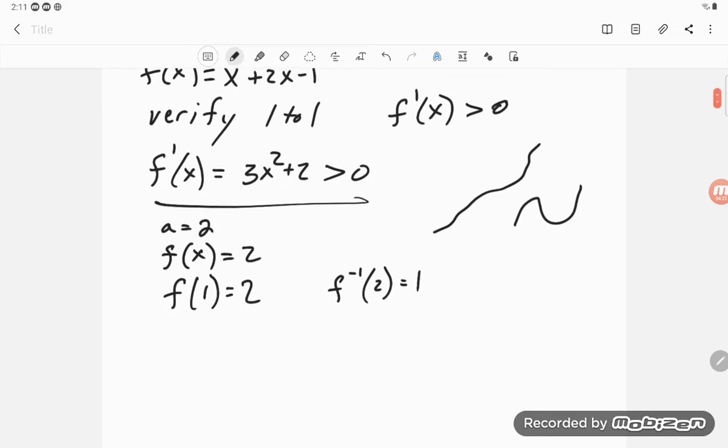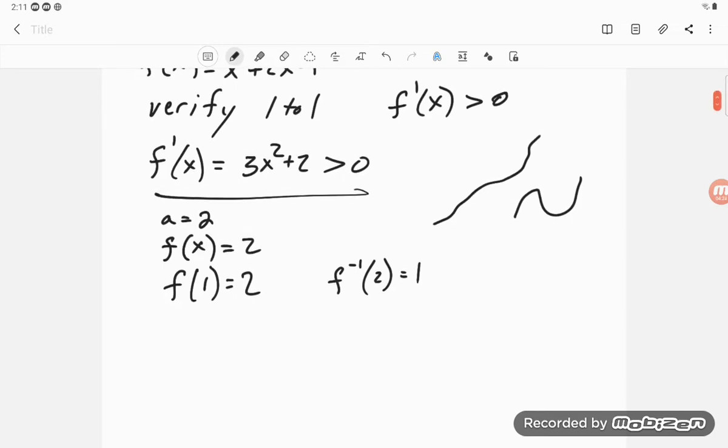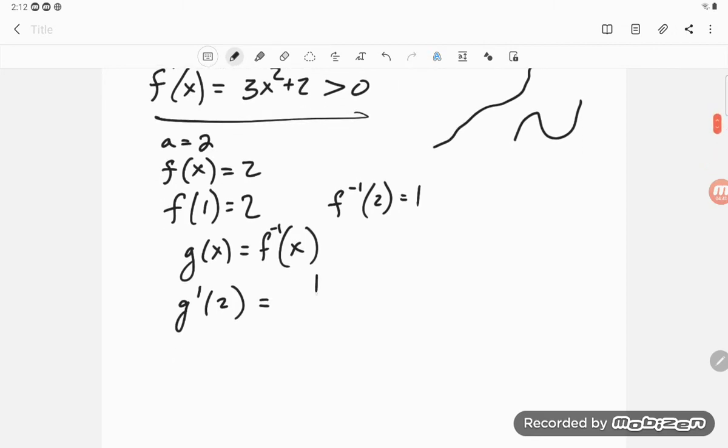And so if I want my derivative of f inverse, I'm going to let g of x equal f inverse of x. And so now what I want is g prime of 2. And what we know is that's just 1 over f prime of g of 2.